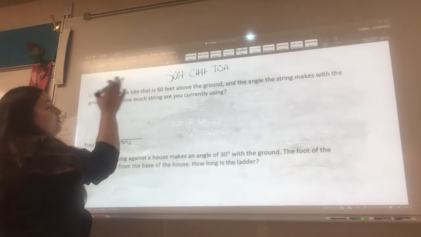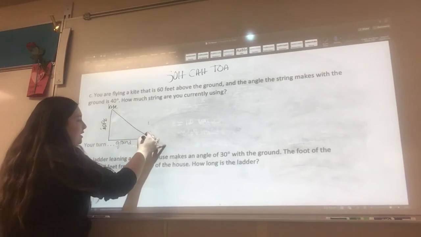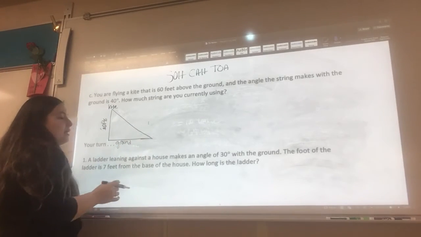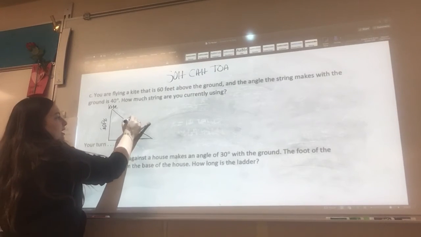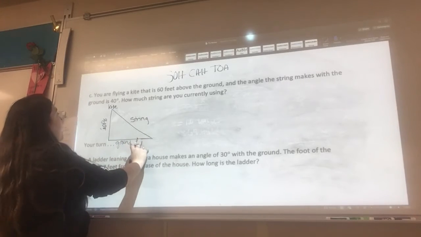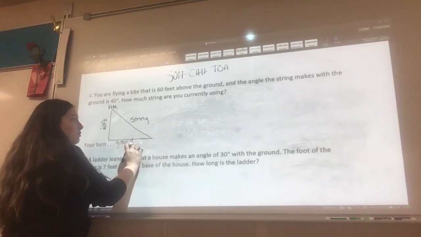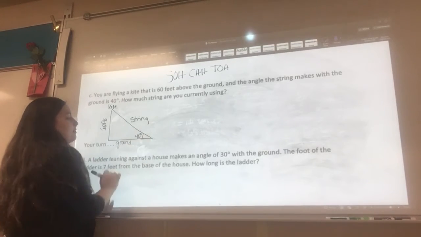And the angle the string makes, so we know our string has to be over here, because our string can't be on the ground, and it can't be straight up and down, so this is our string, has an angle from the ground to the string of 40 degrees.